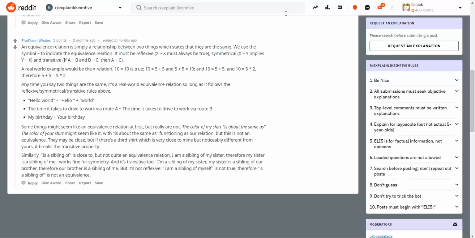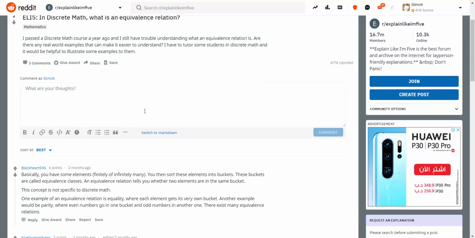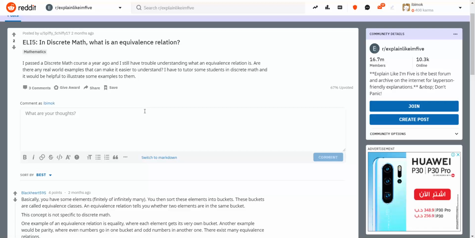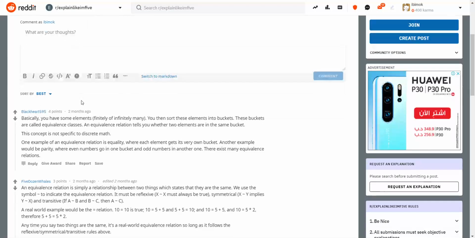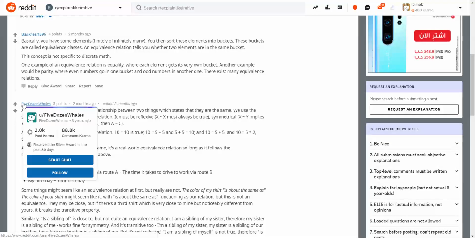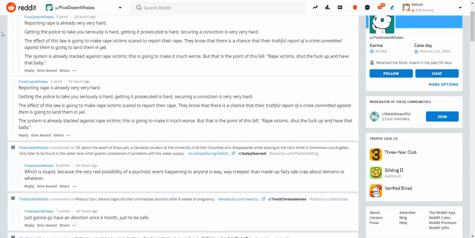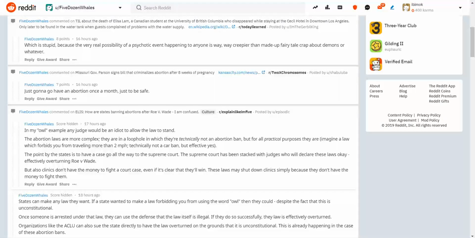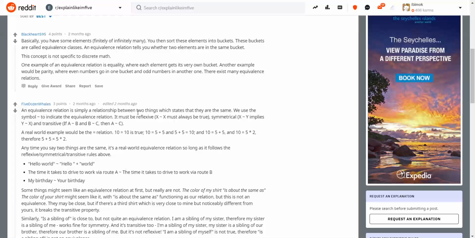Let me just look, I've been looking around for some other explanations as to what an equivalence relation is. As you can see, it basically says that an equivalence relation means that there is a relationship between two objects or two things.